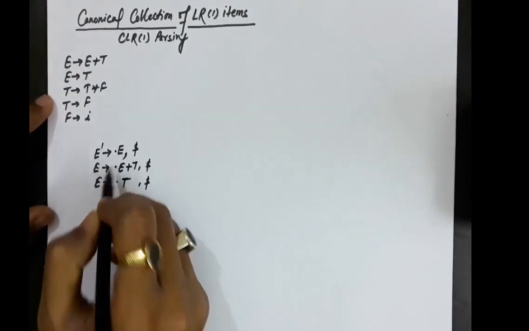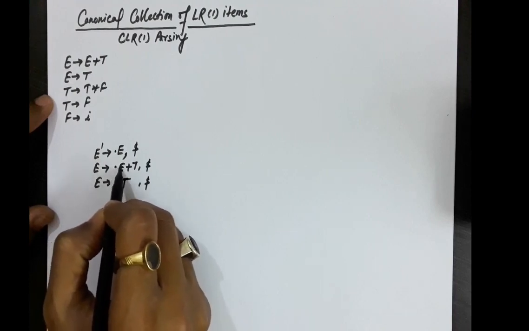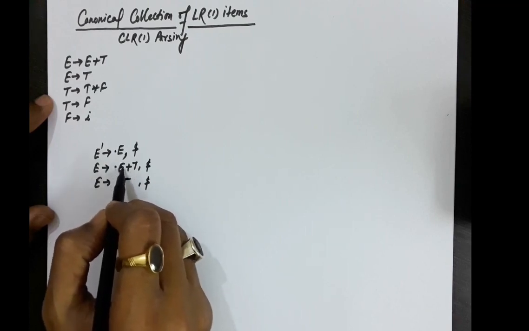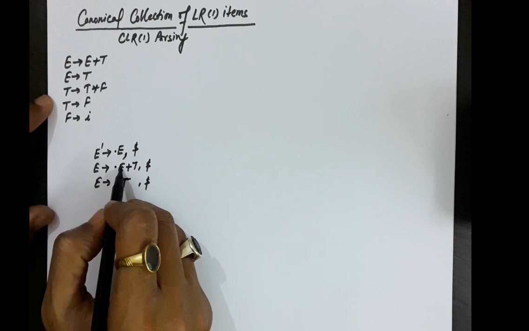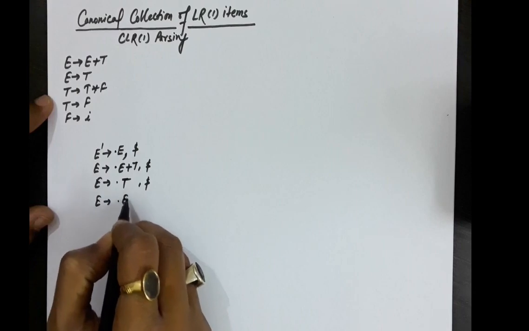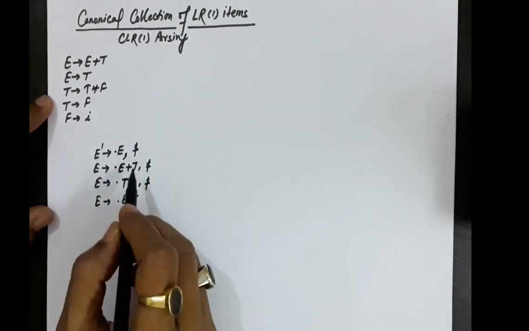Now this E is also appearing after the dot. So we will again be writing all the productions that start with this particular capital E, which means we are writing this production again. And what will be the look ahead?